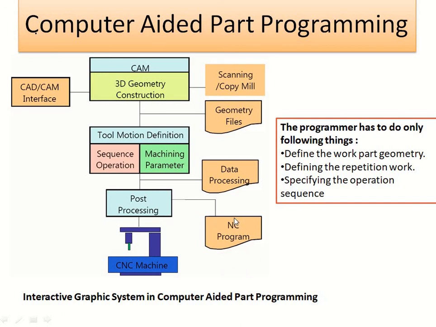With the numerical control program, the data is provided to the machine, and on the computer numerical control machine we can take the first trial of tool movement relative to the workpiece, and after a successful trial we can go for mass production.